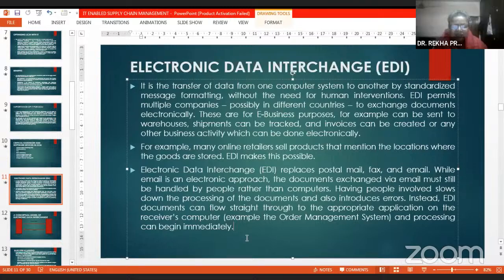So you can see how electronic data interchange has replaced all these things: postal mail, fax, even email, which, whether it is electronic, involves human intervention. In EDI, you don't have such things. So chances of making errors are lower, and also the processing time is cut down.